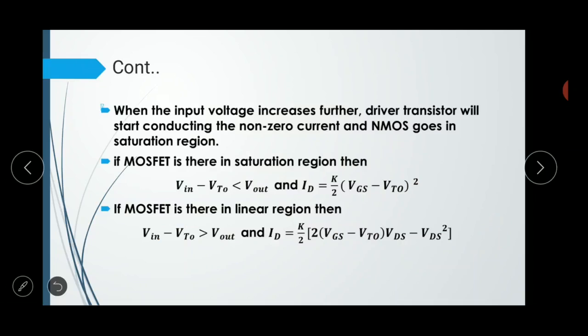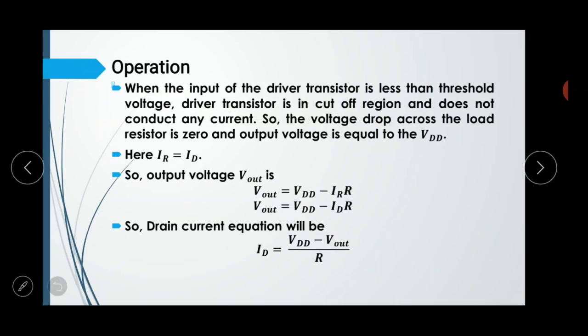So, when the input voltage is smaller than the threshold voltage of the NMOS, the NMOS is in cut-off state and does not conduct. As it does not conduct, no drain current flows through the circuit. So the output voltage is equal to VDD, and here IR is equal to ID.